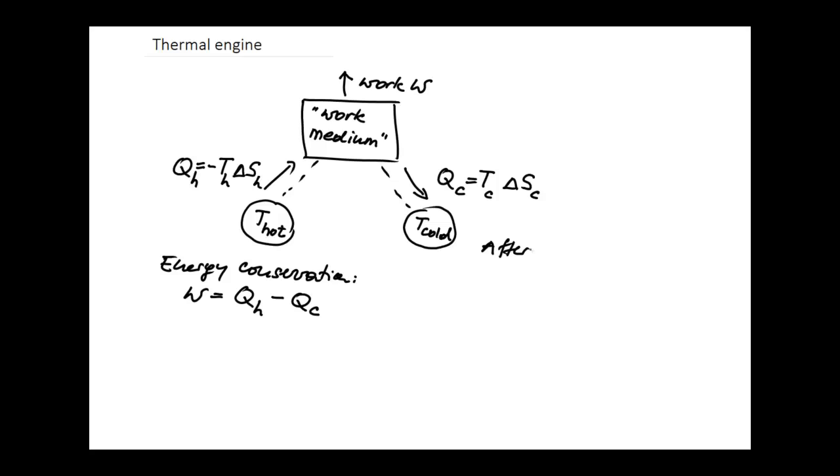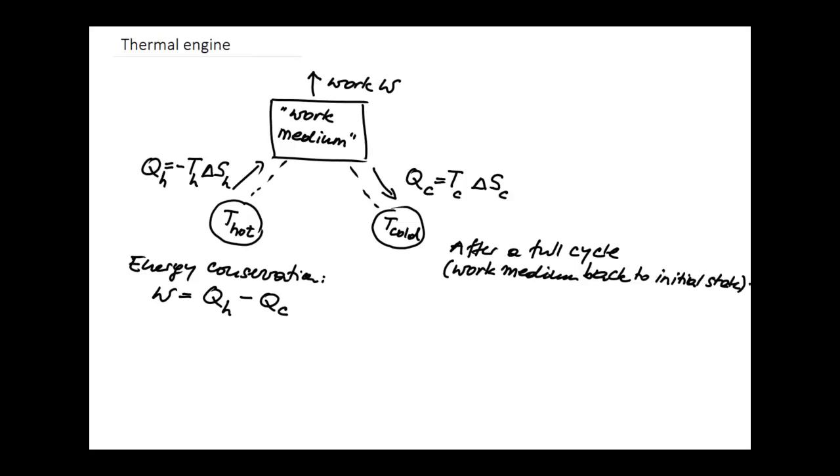And now we look at the situation after a full cycle. The work medium is in exactly the same macro state with exactly the same internal energy and also exactly the same entropy. So after a full cycle, the change of entropy of the work medium is equal to 0.